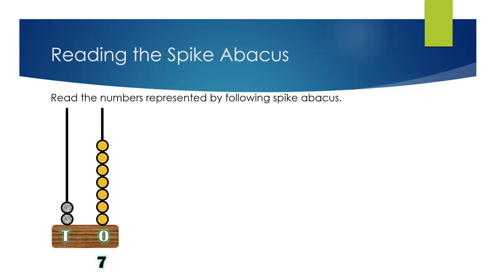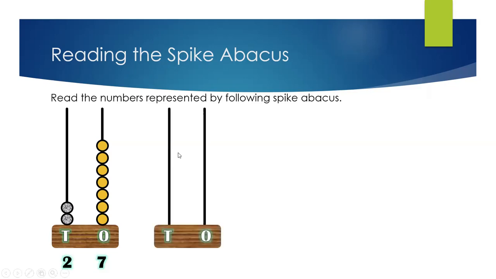So which number is represented by this spike abacus? So count the number of beads. Here we are having 1, 2, 3, 4, 5, 6, 7. So we can say that we are having 7 ones. And how many tens are there? There are 1 and 2. There are 2 tens. So the number represented by this spike abacus is 27.